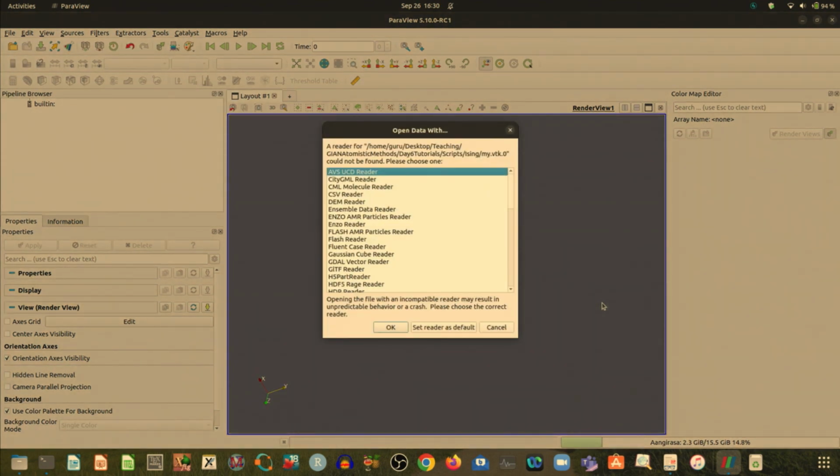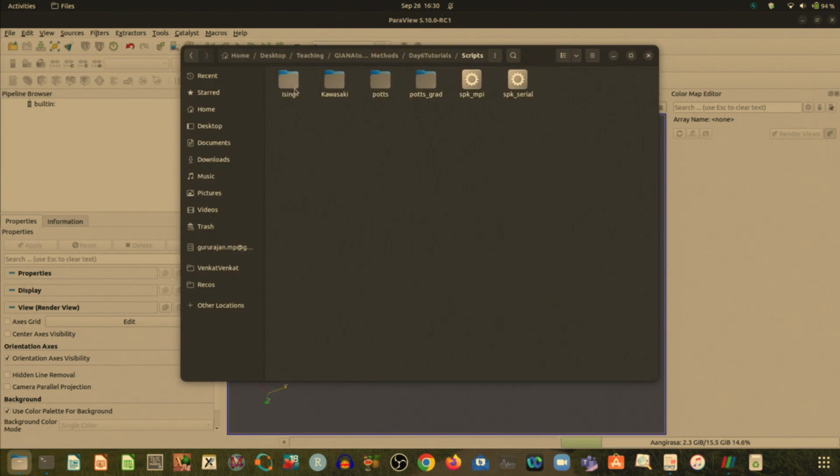It asks what reader it has to use. Okay. Now, this is where I said it is useful to go look at the files themselves.